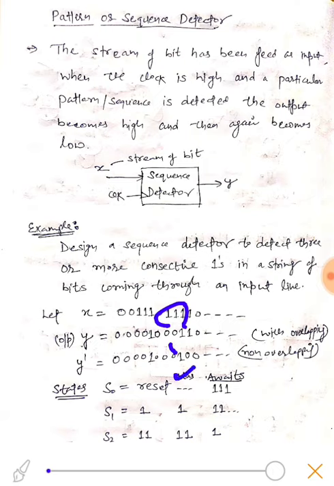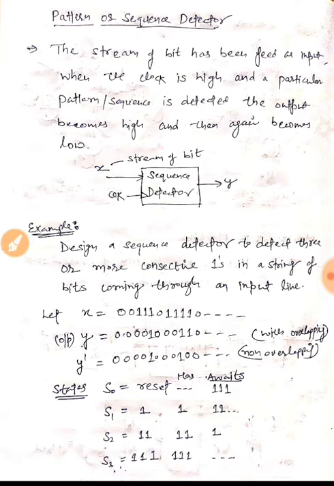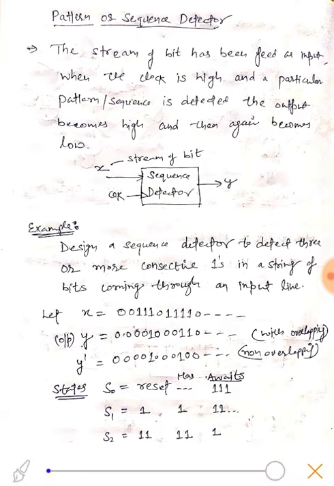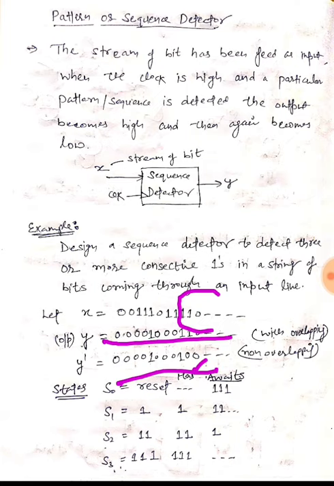And as overlapping is not allowed in this case, it will count only 2 ones, so it becomes 0 again. So if non-overlapping, the output would be this one, and if overlapping is allowed, output will be this one. So we will see the overlapping one in the example. So let's see.